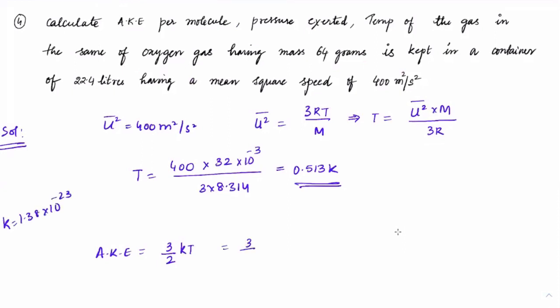So that would be 3 by 2 times 1.38 into 10 raised to the power of minus 23 into temperature 0.513. So that comes to be 1.06 into 10 raised to the power of minus 23 joules. So this is the average kinetic energy.